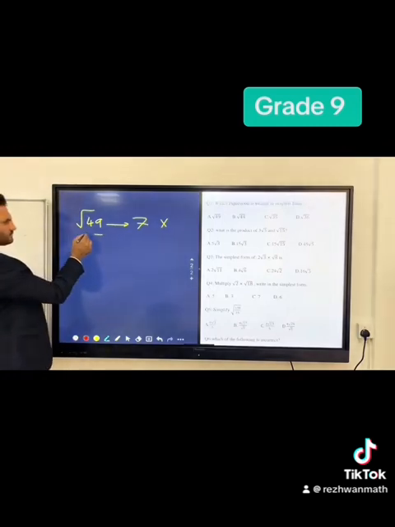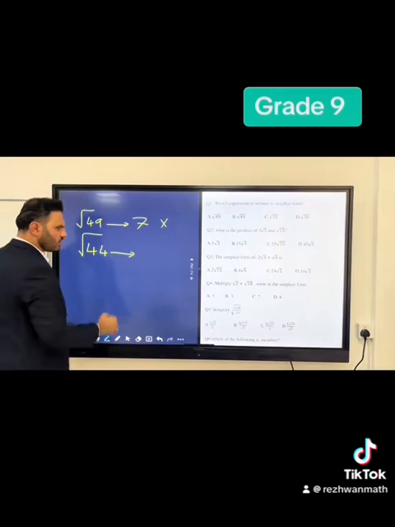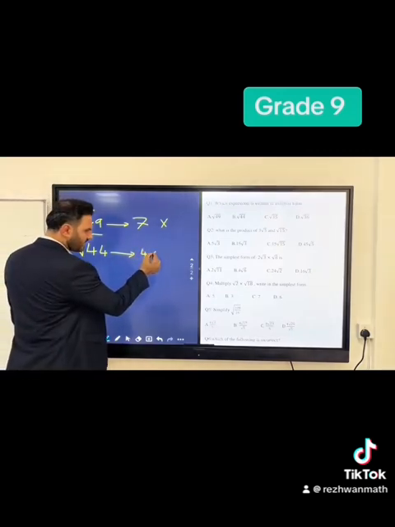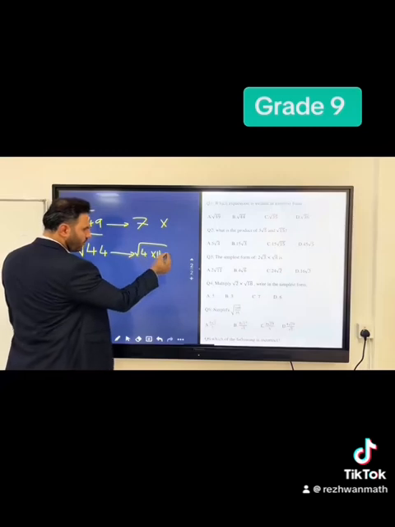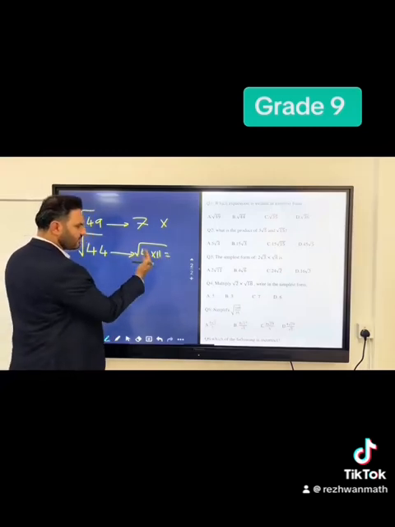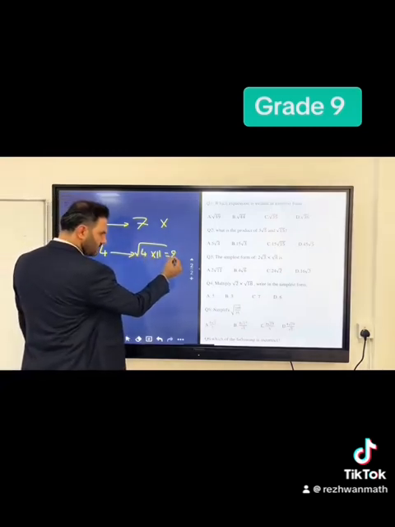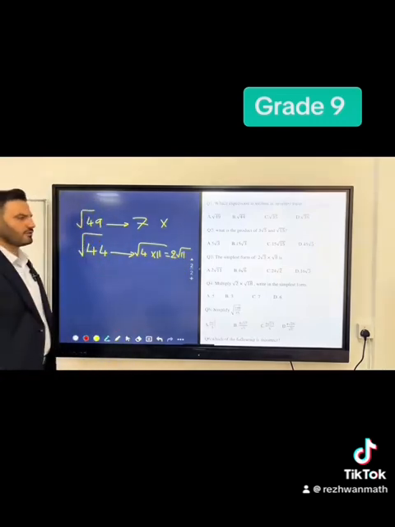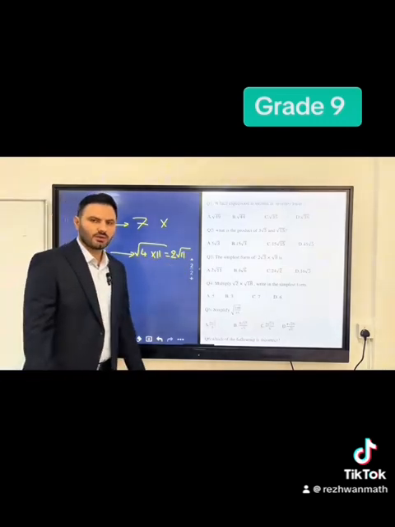Then, square root 44. Can we simplify square root 44? Yes, because we have 4 times 11. 4 is a perfect square. The square root of 4 is 2, and square root 11. So we can simplify 44 to 2 square root 11.